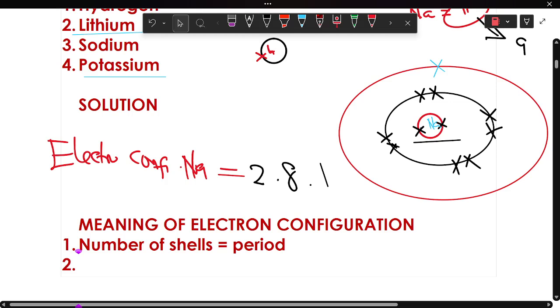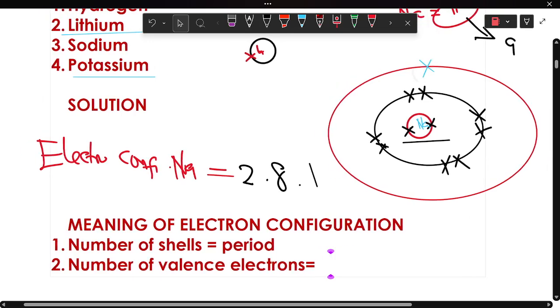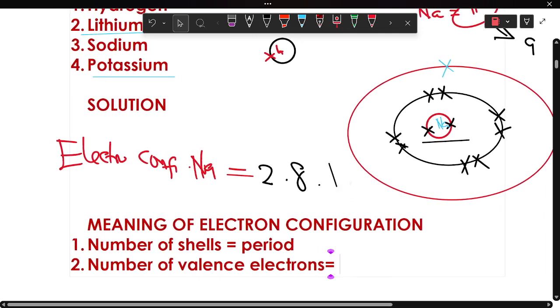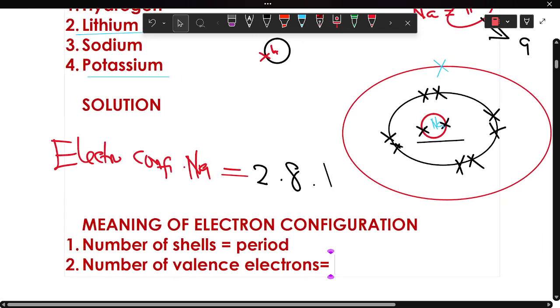What about the number of valence electrons? What are valence electrons? The electrons in the outermost shell, the valence electrons, are equal to the group number. Yes, group number.